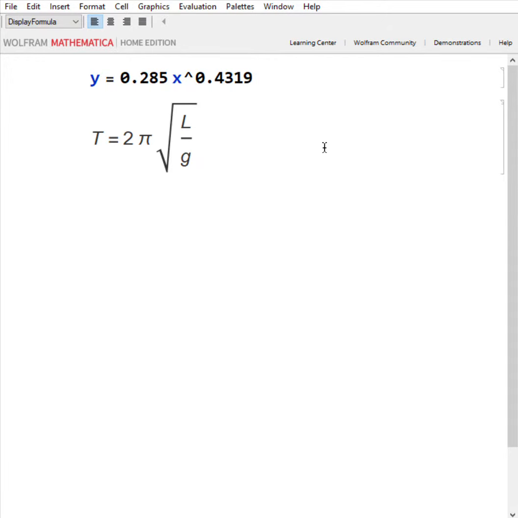Now, the first thing to note is that Excel defaults to using x as an independent variable and y as a dependent variable, whereas the convention you'll find in textbooks is that the independent variable of our pendulum is L, while its dependent variable is T, again for length and period.